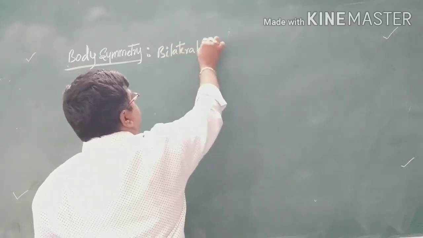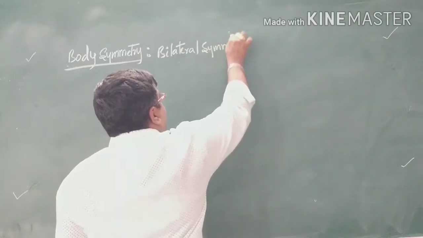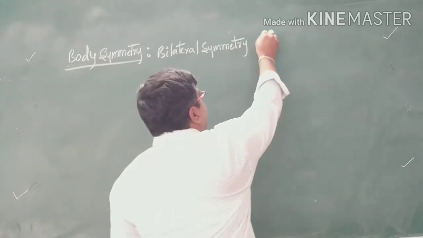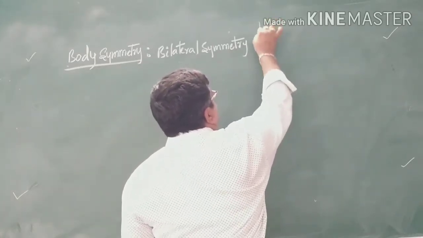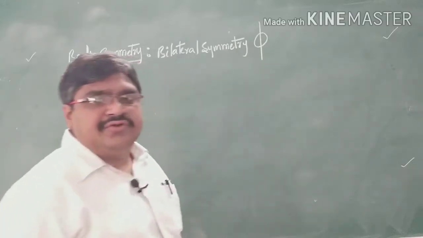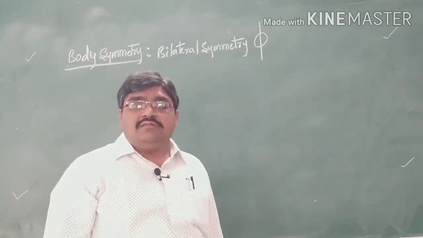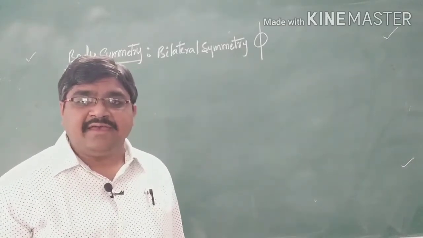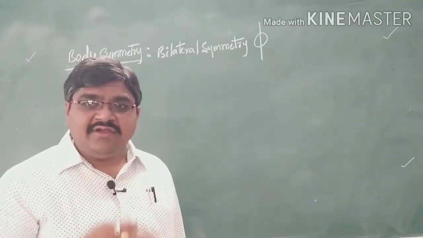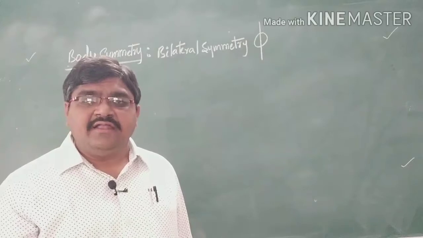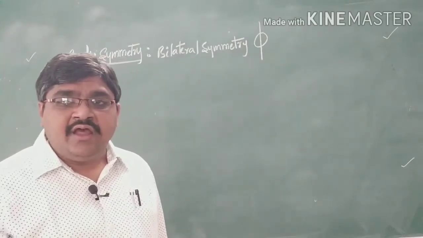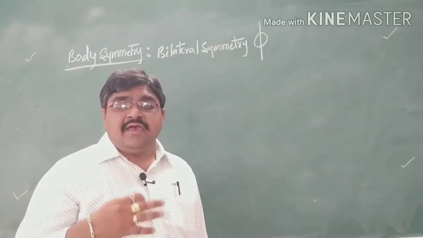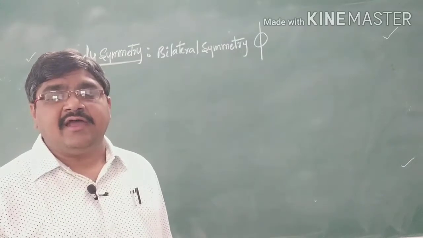Bilateral symmetry means that when you cut the organism in only one vertical plane, you are able to produce two identical halves. Bi means two, lateral means side. If you cut the organism in only one vertical plane and get two identical halves, we call that a bilaterally symmetrical organism.